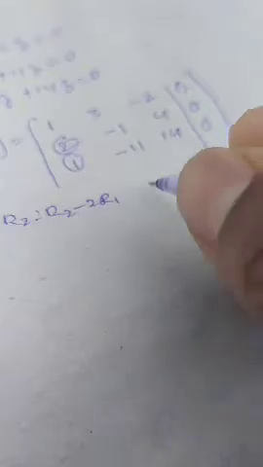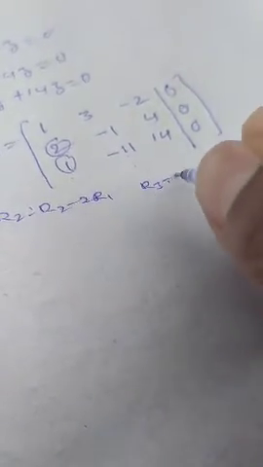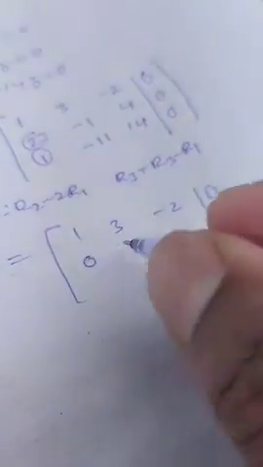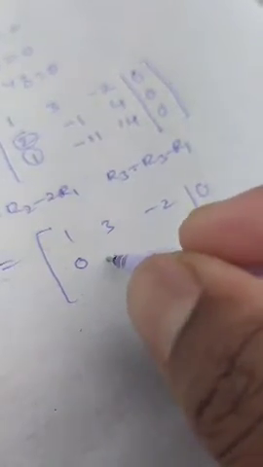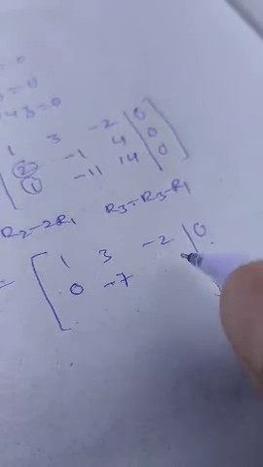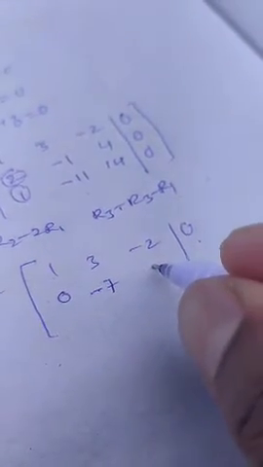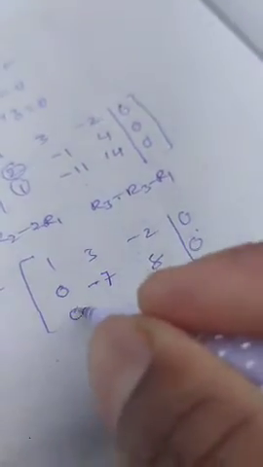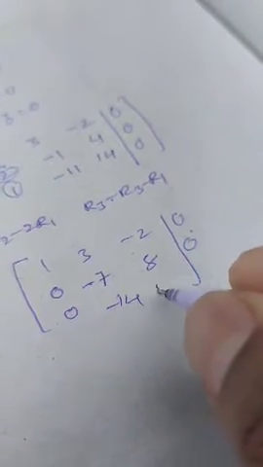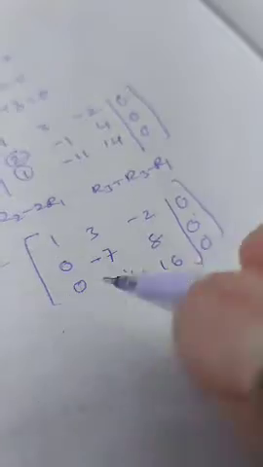R2 becomes R2 minus 2R1, R3 becomes R3 minus R1. 1, 3, minus 2, 0, minus 7, 8, 0, minus 14, 16, 0.